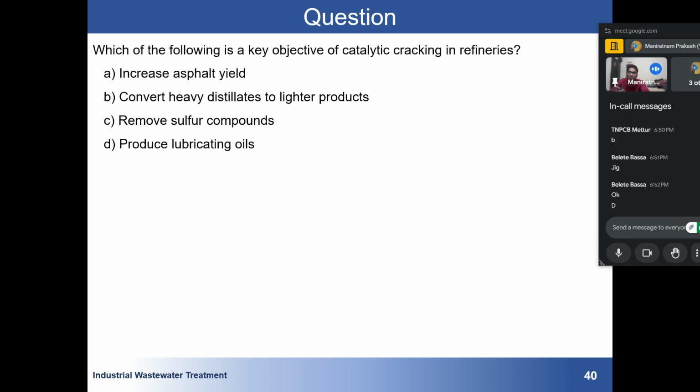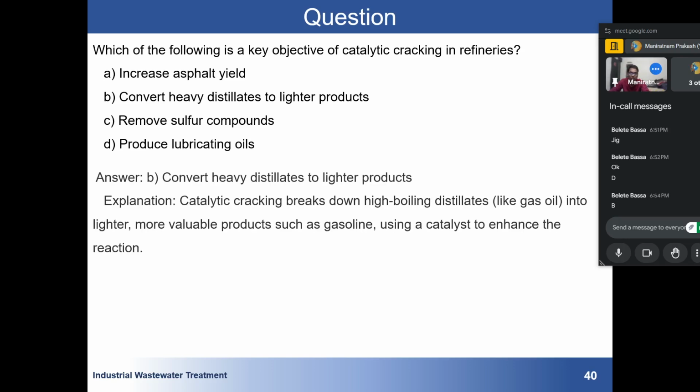Which of the following is a key objective of catalytic cracking in a refinery? B. Convert heavy distillates to lighter products.